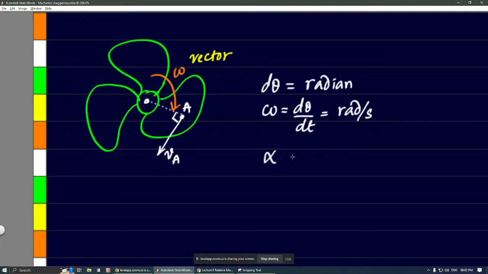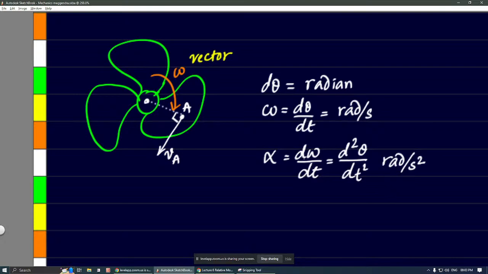And alpha is d omega by dt, or we can write it as the second differentiation of theta, and its unit is radians per second square.